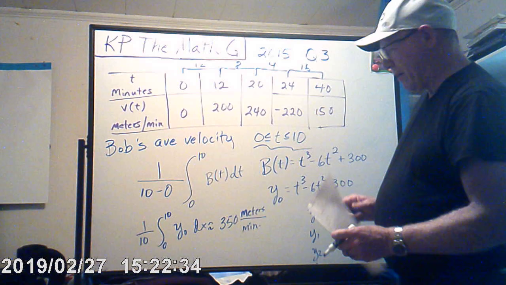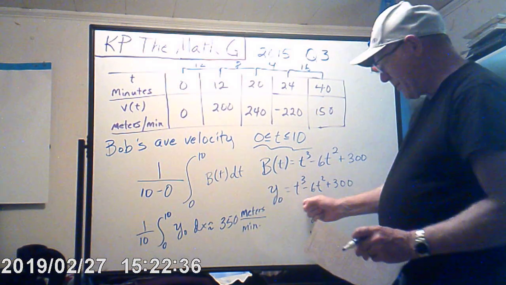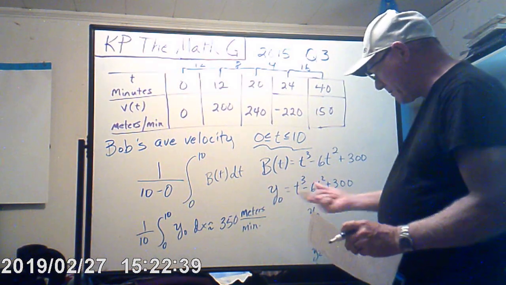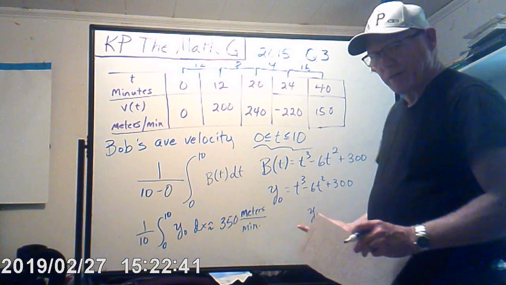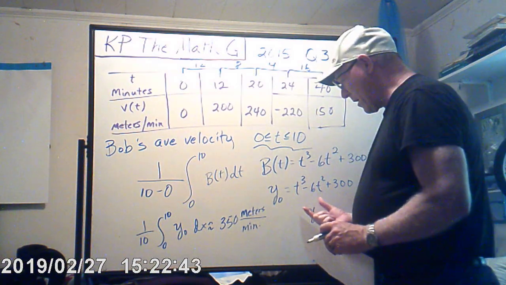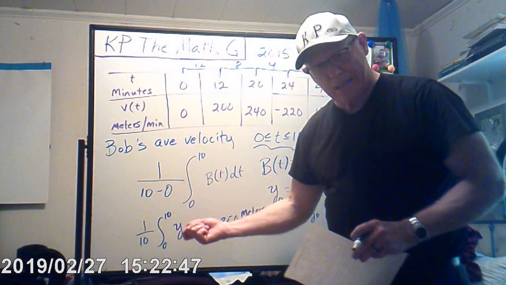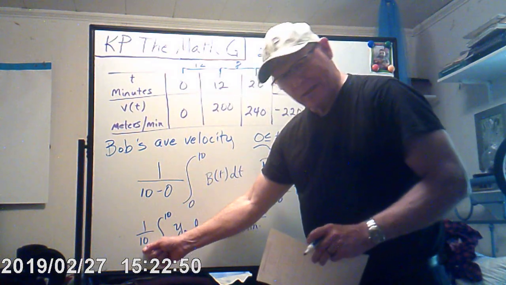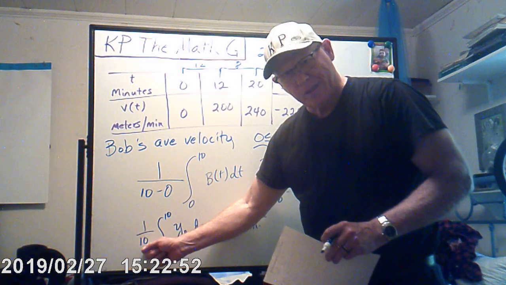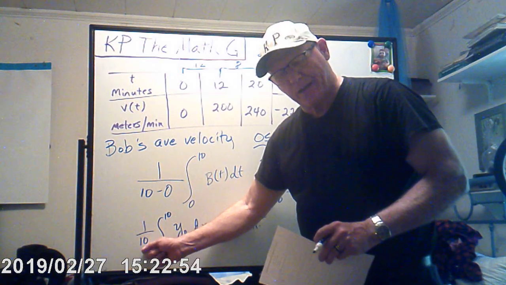Now you have to remember why you use this. You don't use the derivative of this or anything like this. You want to take the antiderivative of this to get distance, but that's the distance divided by time, and that's how you do average right there. Average velocity.